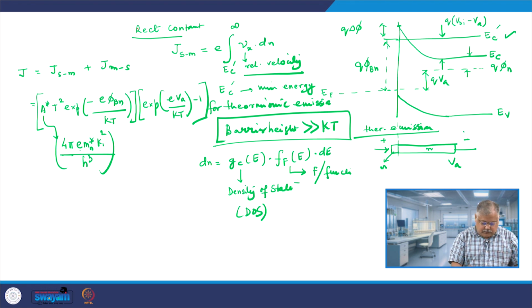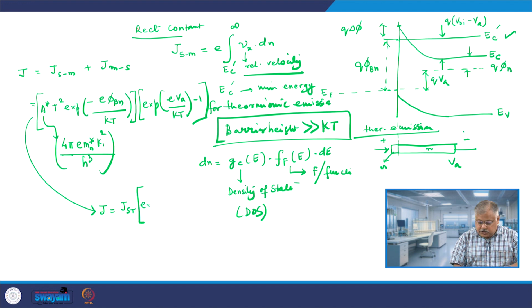This is a constant value which you get, and therefore, we can write this whole statement as J equals J ST exponential eVA divided by kT minus 1, where J ST is nothing but A star T square exponential minus e phi B n by kT.